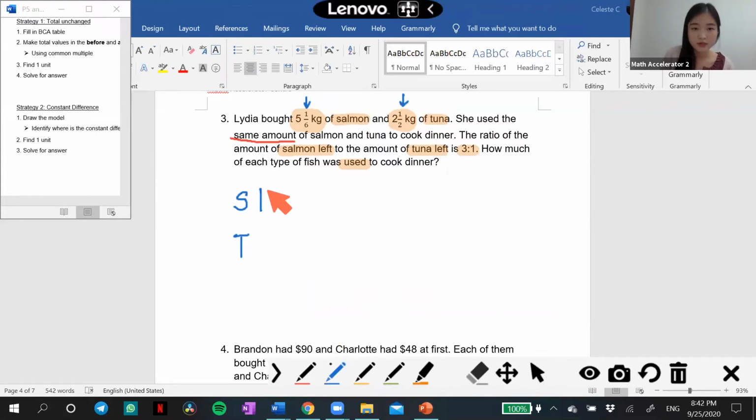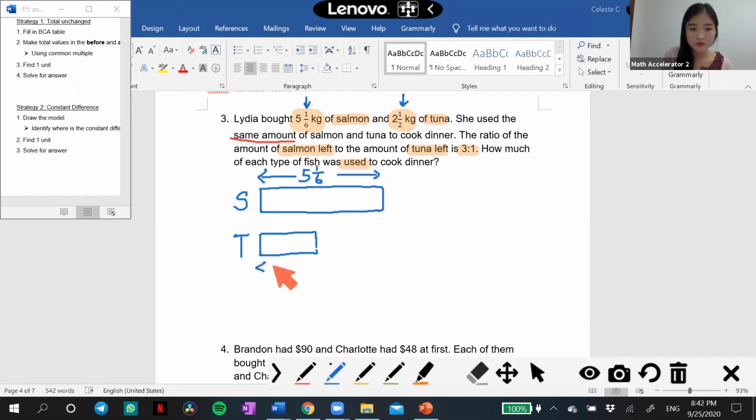Right, so draw the salmon's model a bit longer. Right, and the tuna. Okay, and label it 5 1/6, 2 1/2. Okay, so label it.